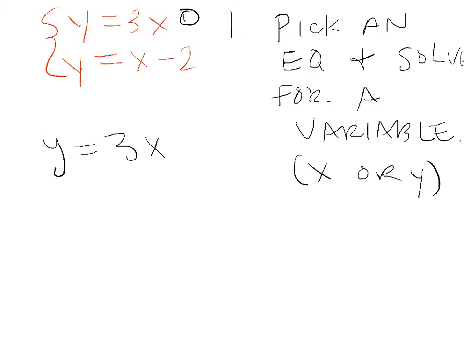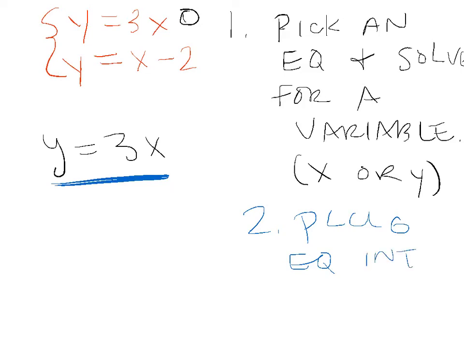Step 2 then says plug the equation you picked into the other, or into the second equation. So plug equation 1 into equation 2. We're going to take it into this equation right here.